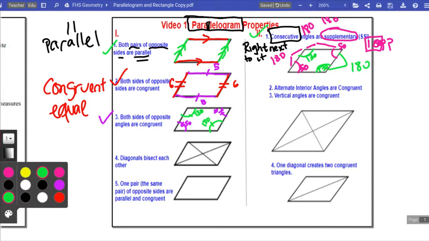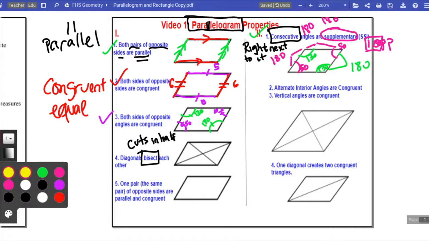Check. All right, let's talk about diagonals. I'm back to 4. This one says the following: diagonals bisect each other. The word bisect means cut. You're cutting it perfectly in half. So you have 2 diagonals here.